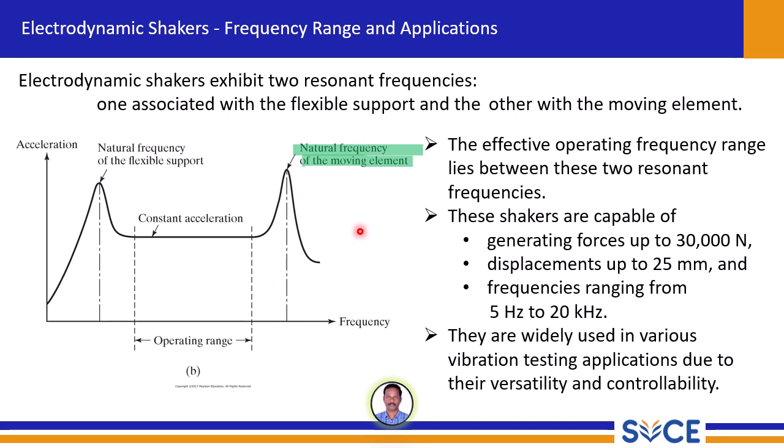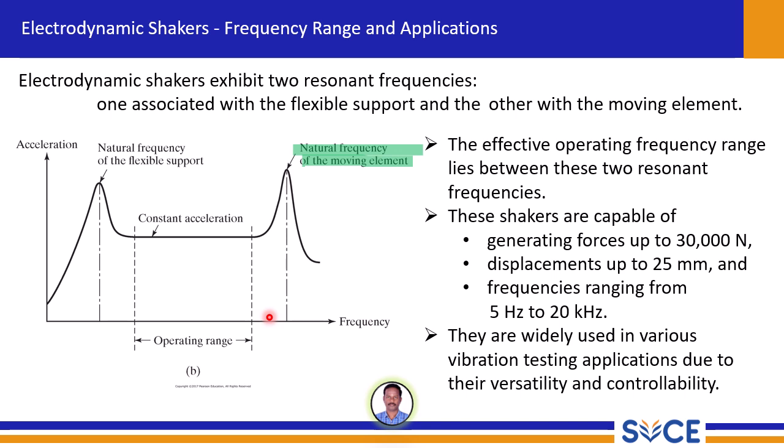Therefore, the effective and typically recommended operating frequency range for an electrodynamic shaker lies between these two resonance frequencies. The shaker provides more consistent and controllable acceleration output for a given input current. This is the region where we can achieve relatively constant acceleration as we sweep through different frequencies.